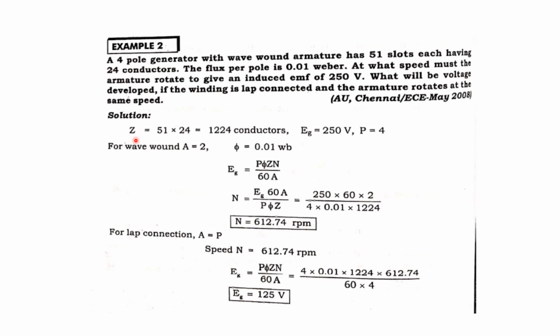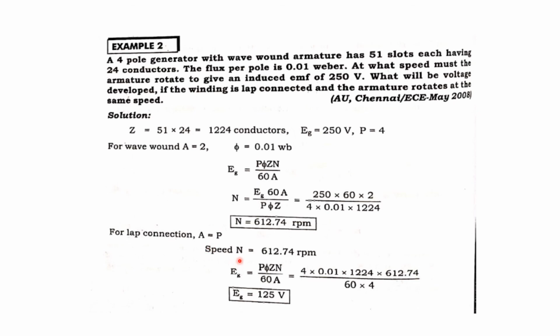We know that for wave wound, A equals 2, a constant value. Substitute all the parameters in this equation and cross multiply for N, and you will get the speed in RPM. For the lap connection, we assume A equals P, which is 4.